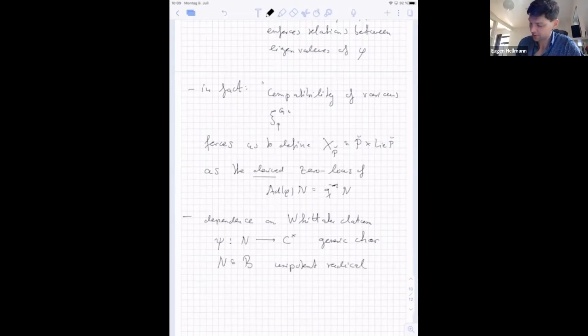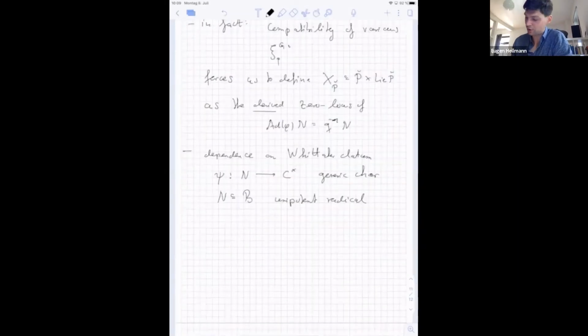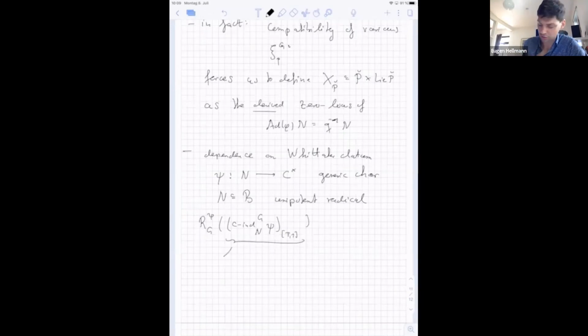Okay, so Whittaker datum is just this choice of a Borel together with a generic character of its unipotent radical. And one of the nice properties this functor Rg, which in fact was supposed to depend on psi, is supposed to enjoy, is that if you look at the compact induction of your generic character, well, I maybe have to project it to the block I'm considering.